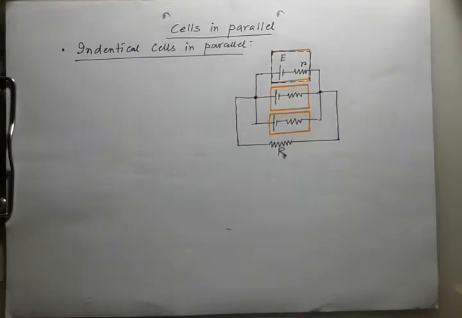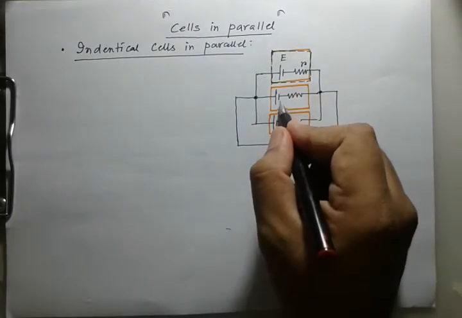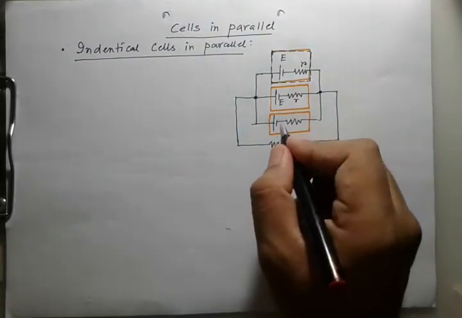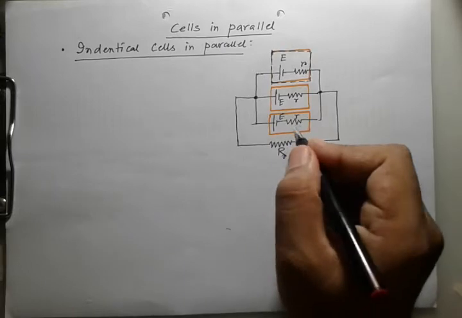So all the cells have the same EMF. That means here it is also E, r, this is also E, and this one is r.